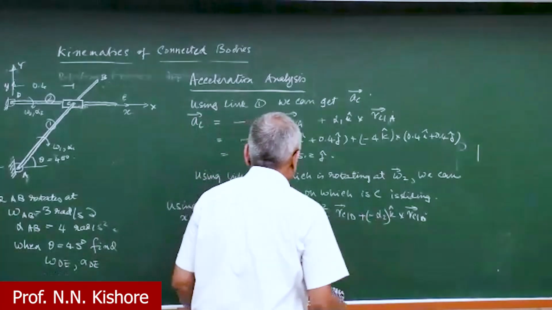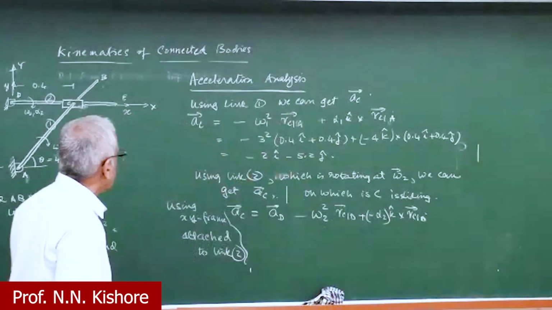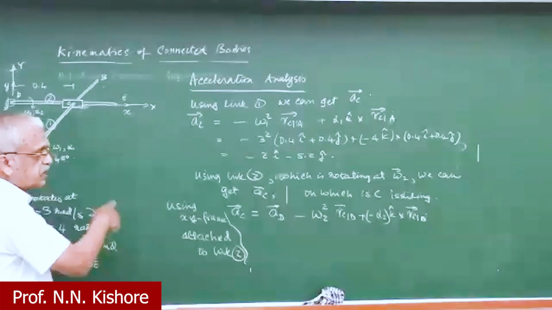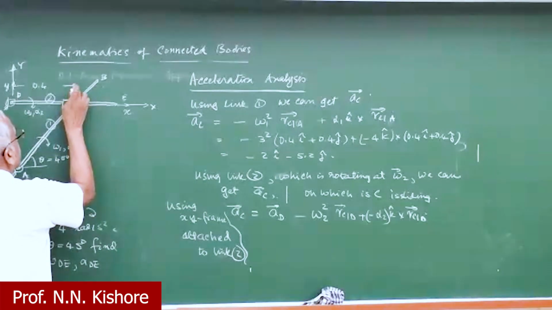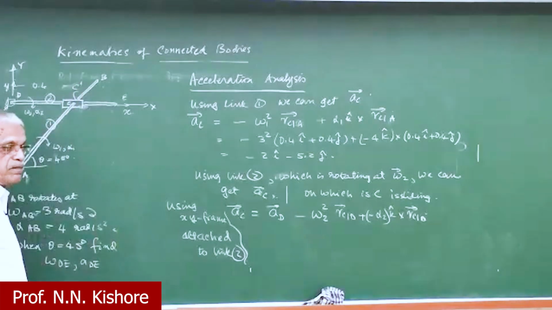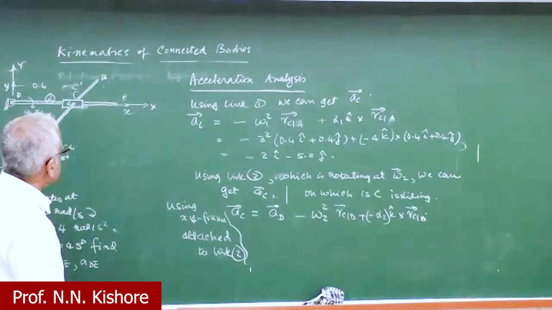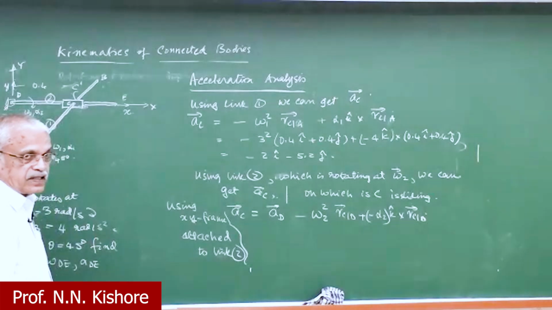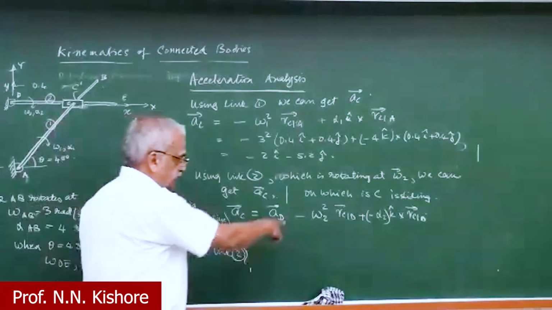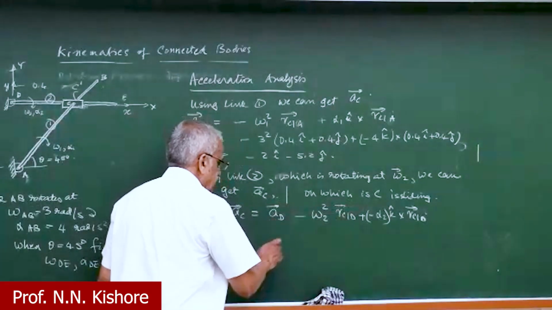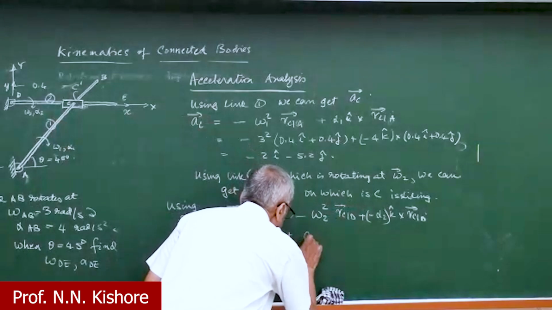Okay, and what else? So these are the tangential and normal accelerations. In fact, if you call this another point C prime, C prime is a point on link DE coinciding with C at that instant. And we further move on. So what else? So we have relative acceleration.